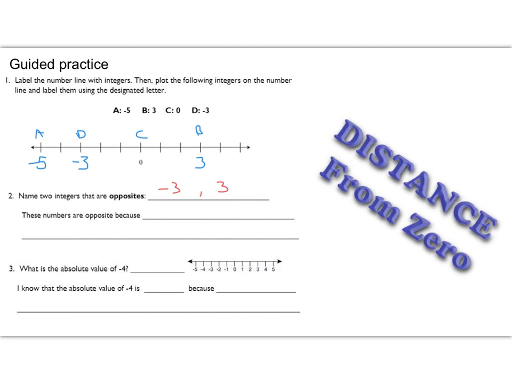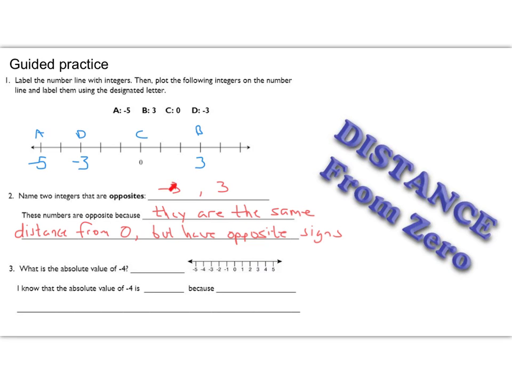And these numbers are opposites because they are the same distance from 0, but have opposite signs.